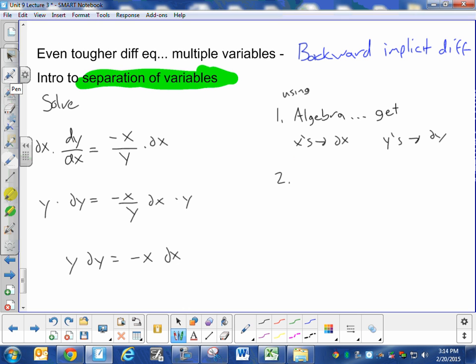Well, guess where we're going to go from here? We can take the antiderivative of both sides. We have y's that we can take the antiderivative of with respect to y, and x's we can take the antiderivative of with respect to x. So I'll just say antiderive both sides. So do that.